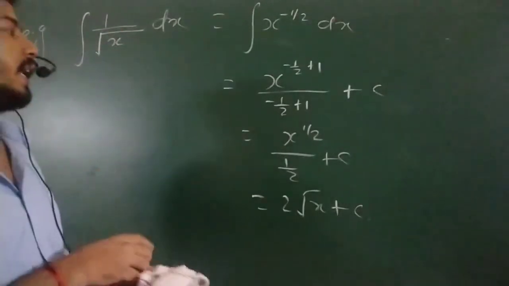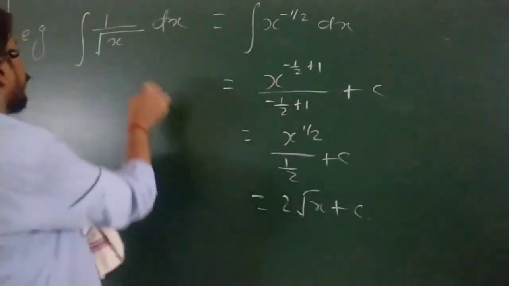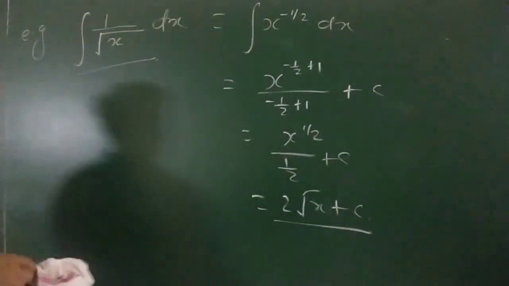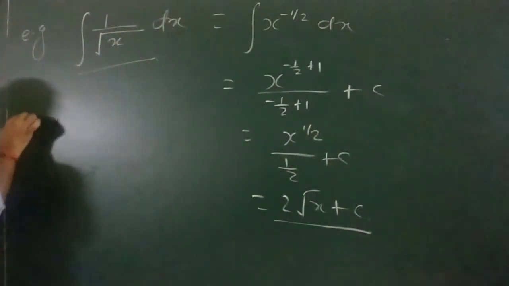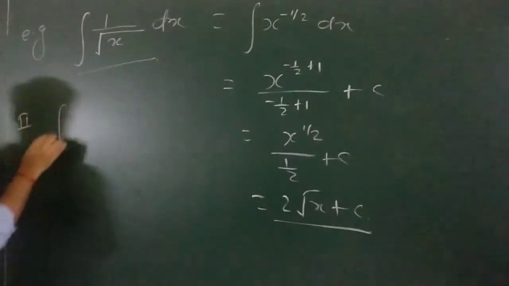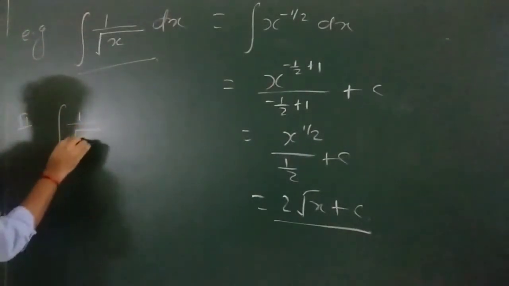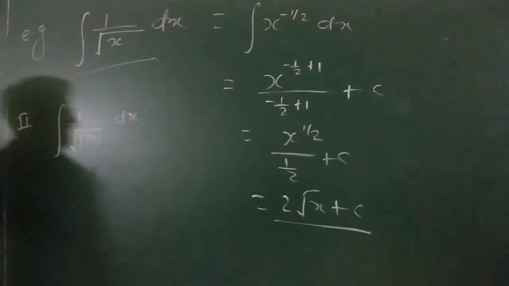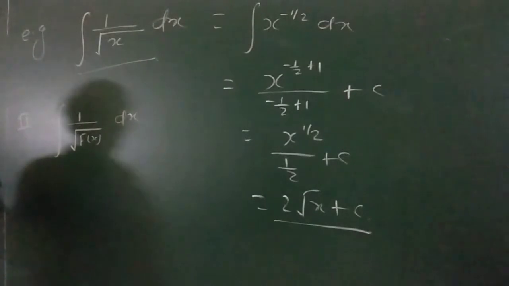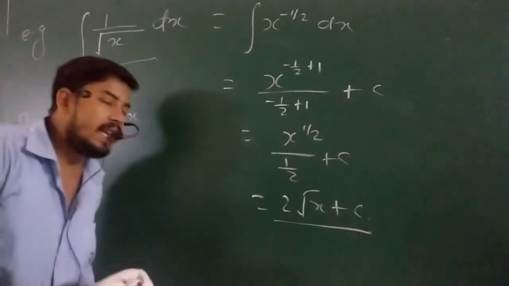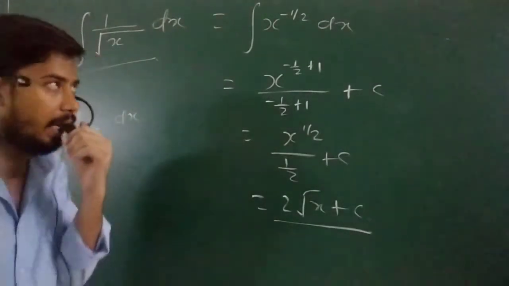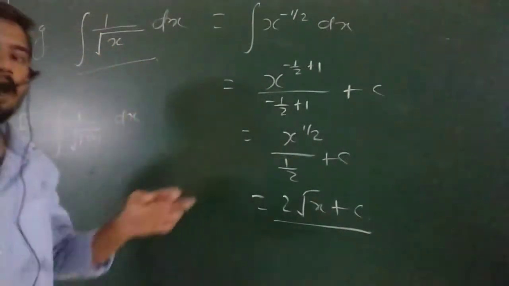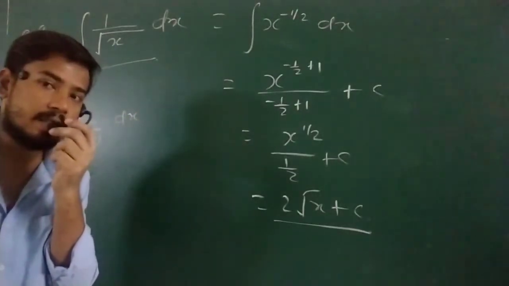From here we can make one result. See this formula and this formula. If you see these formulas, then we can make another formula, my dear: the integration of 1 by root f of x dx. Anybody tell me, what is the differentiation of x?